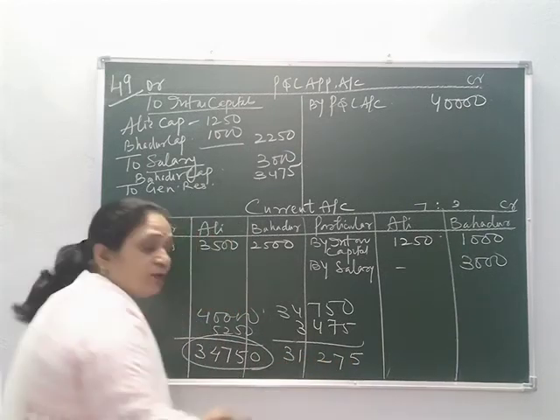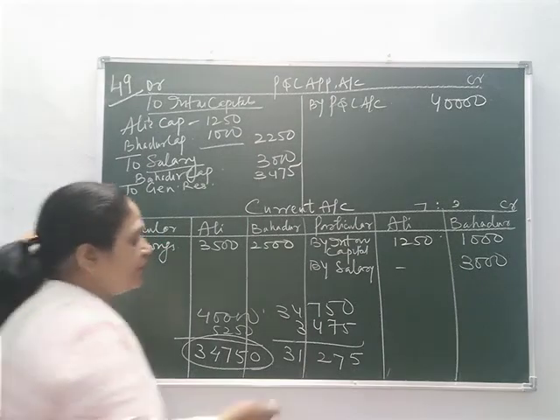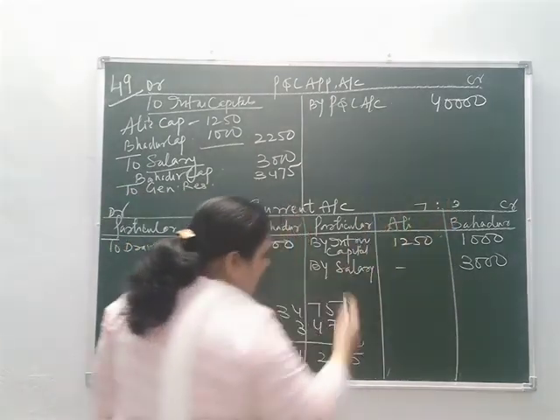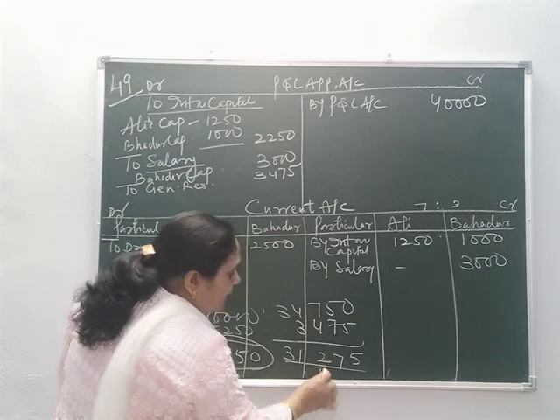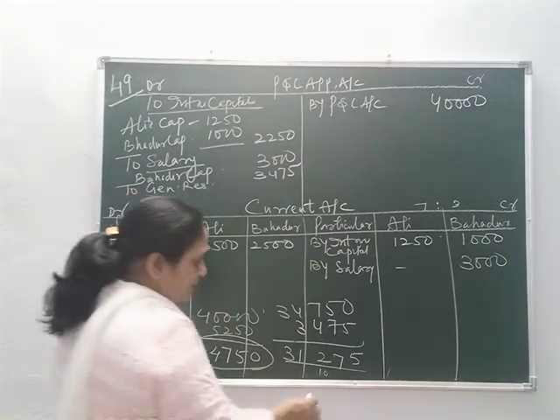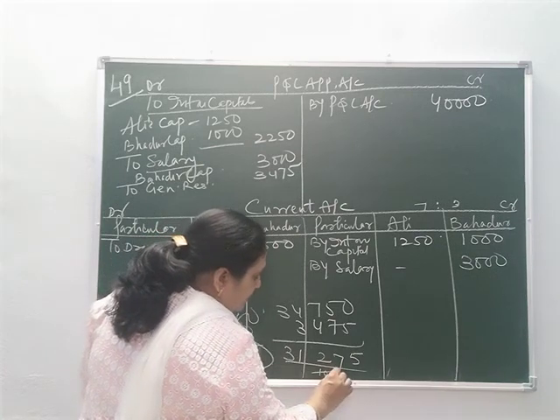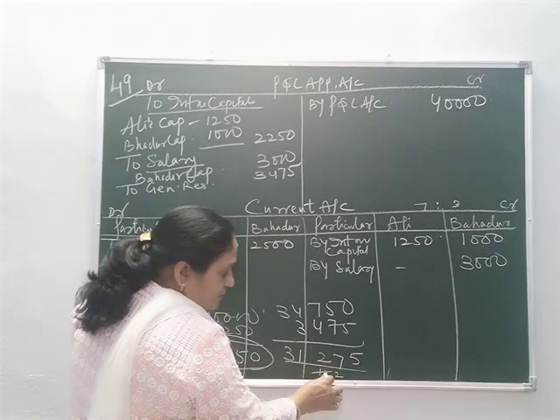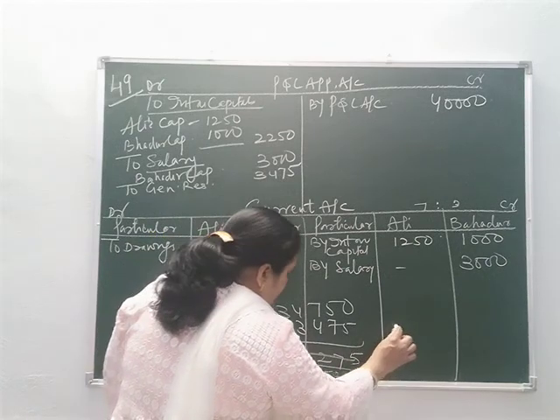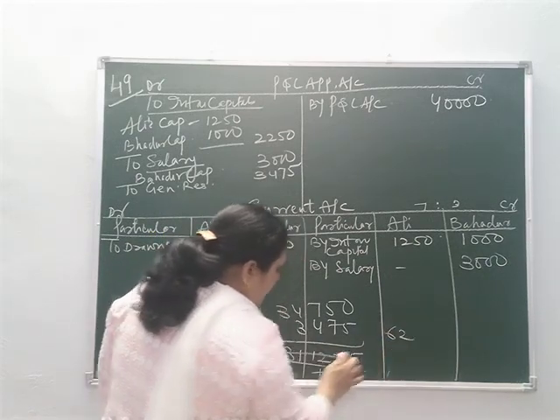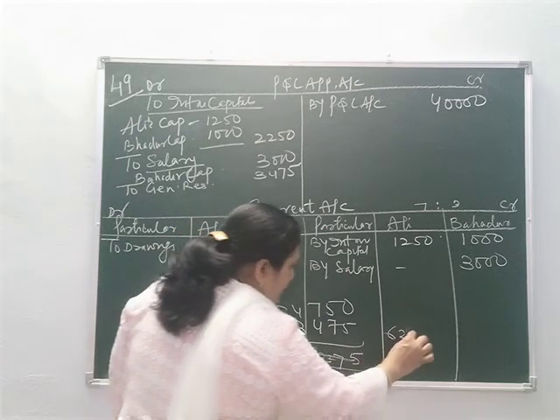That is 31,275. This you will divide in 7:3. Means this is to be divided by 10. Correct. So if you are dividing it by 10, 5 2s are 10, 5 6s are 30, 5 2s are 10, 5 5s are 25.